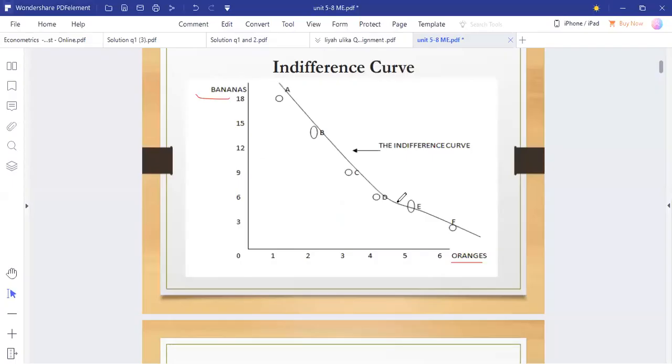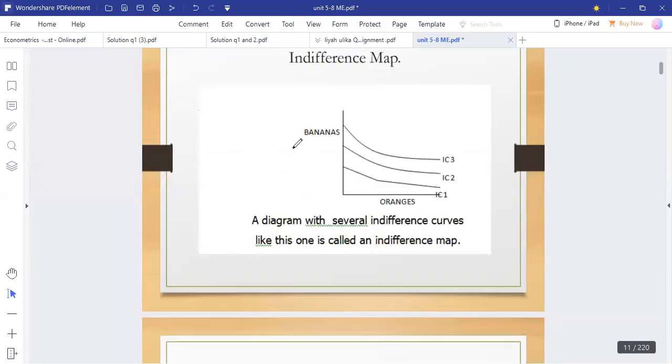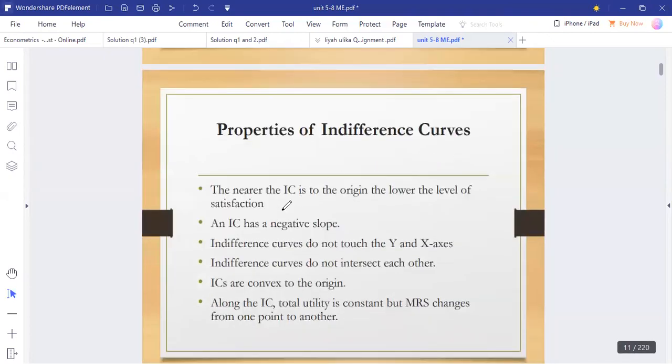So this is in different scales. So indifference curves have these properties: indifference curve 1, indifference curve 2, indifference curve 3. The properties are that indifference curves always have a negative slope. Indifference curves don't touch each other. They don't intersect each other. They are convex about the origin.